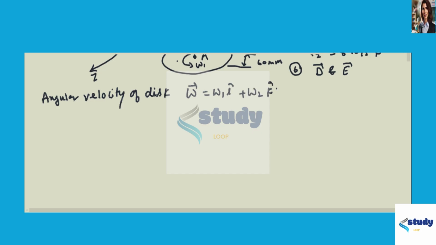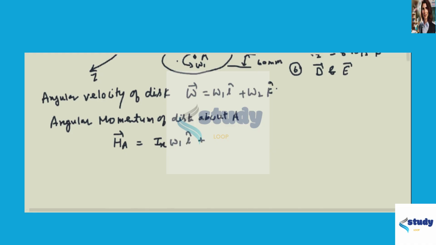So angular momentum of the disk about center A is Ix omega 1 I cap plus Iz omega 2 K cap.